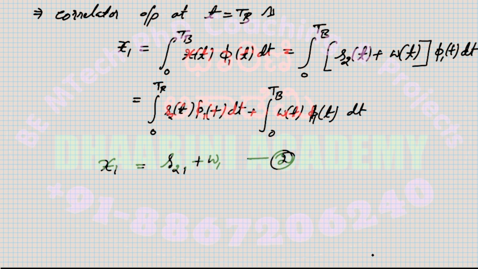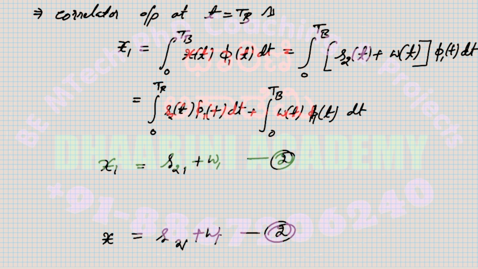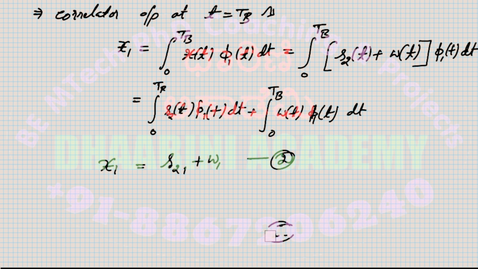So we know what is S21. S21 is already calculated, if you remember. So that is S21 plus W. Okay. All right. So let me call that equation number 2. Just make a correction. What is S21?